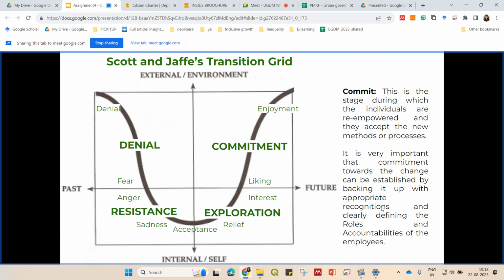They are given opportunities for upskilling, for capacity development, and things like that, and they are re-empowered to accept the new methods or processes that come with the transition or with the reform, and with the transformed roles in the organization.